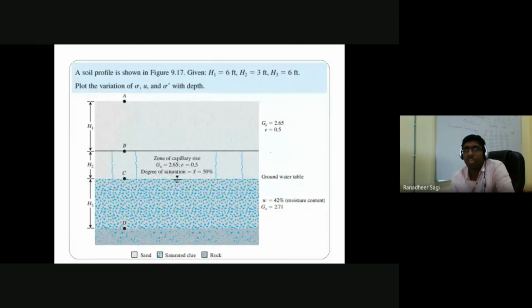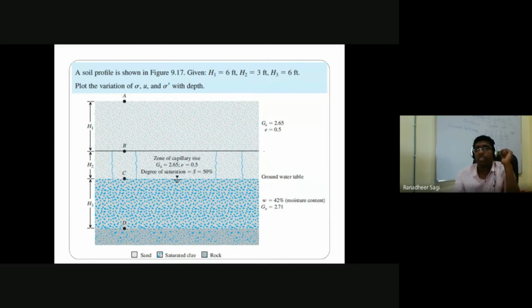What we saw in the last class, when you have an effect of capillary rise, is that, if I plot roughly the variation of the pore water pressure with depth, just for my understanding, where do I have the water table? Here is the position of the water table.